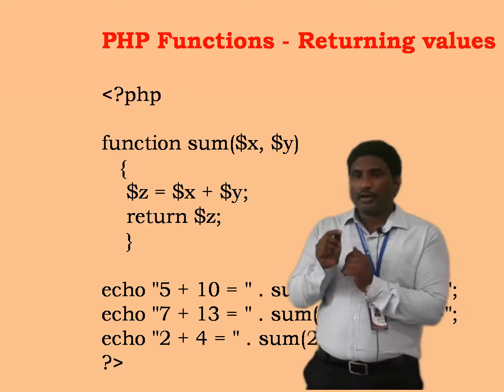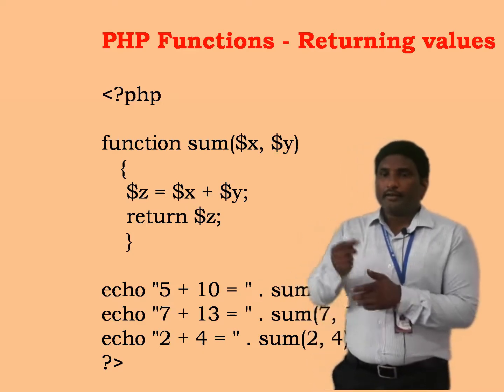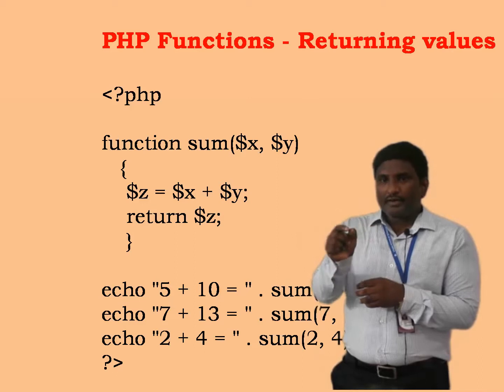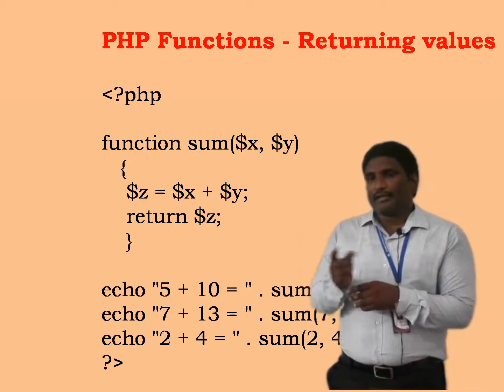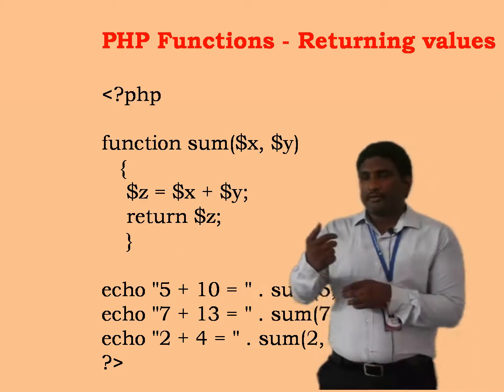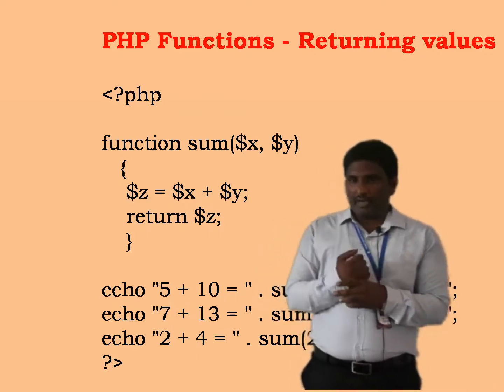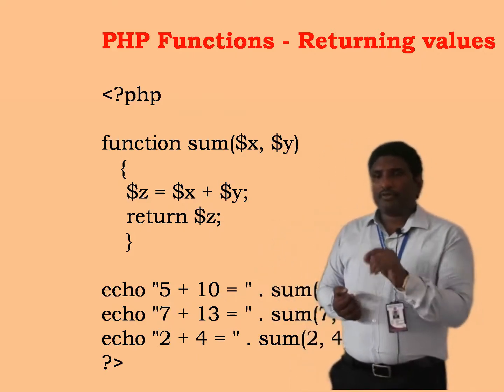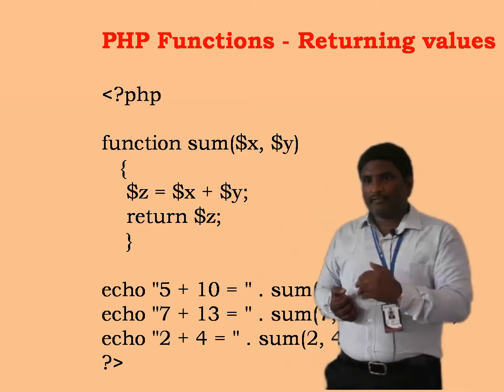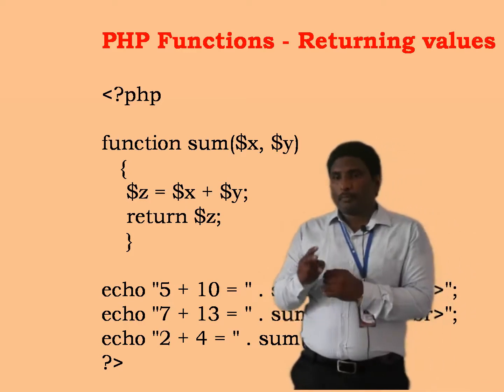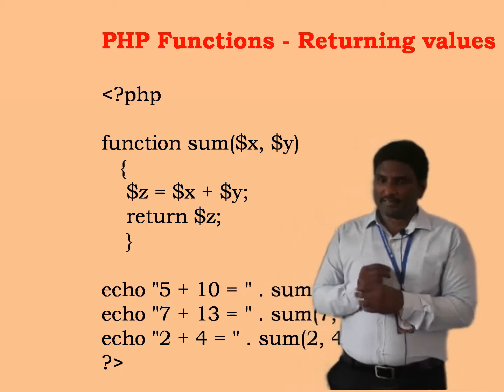Those arguments are $x and $y, and what is the logic here? I have written x plus y and assigned it to z. So the z value will be returned by the function, right? So whenever we call the sum function anywhere, you should pass two integers.